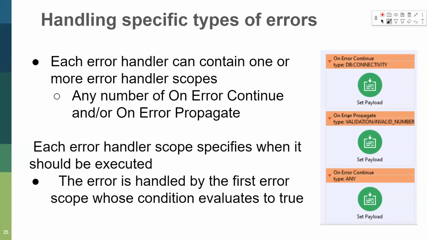Below it, I have on error propagate, and it handles validation invalid number errors. And on the bottom, which is usually what we should do, we have on error continue with type any. By default, it is any. It should handle any type of error if we don't specify the different types of errors.